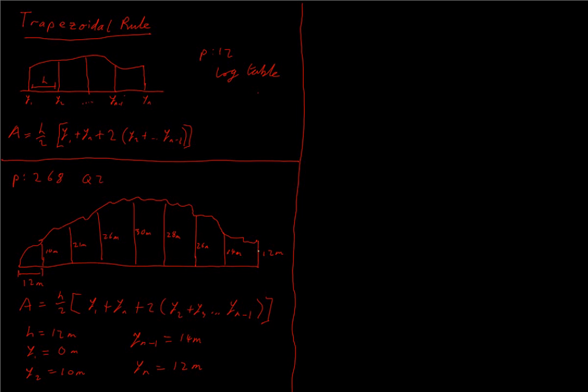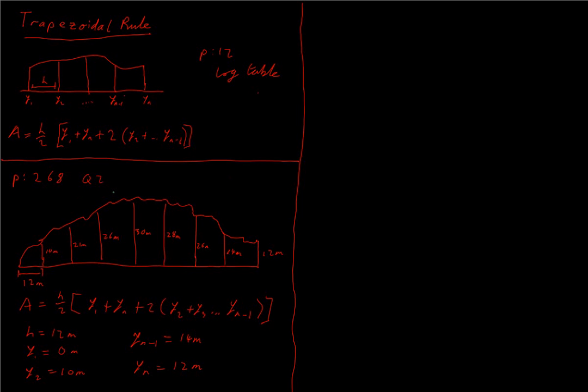So this is the last length in our list, and here it's 12. In our list, the number before the last is n minus 1. If you remember, that would be the second to last number in our list. And our second to last length in question 2 would be the length 14. So now we've got our different pieces for our formula.